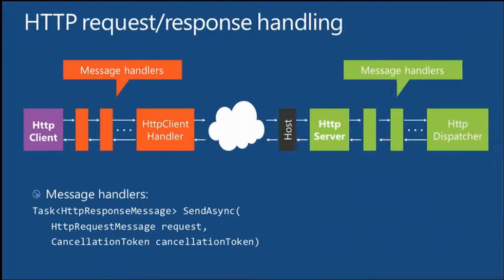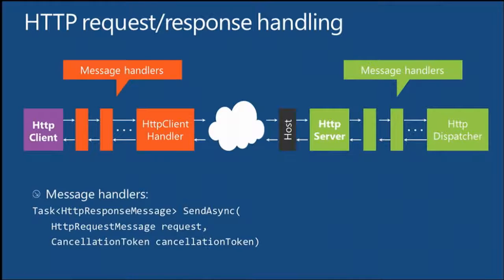So the request then goes on the wire using HTTP web requests. And then there's some hosting layer for your web API. Usually that'll be ASP.NET if you're hosting in IIS, but it doesn't have to be. We'll talk about some of the other hosting options in a minute. The host just needs to be able to take the request that came off the wire and reconstruct the HTTP request message instance. And then it hands it to our Web API HTTP server. There's an actual type, HTTP server.